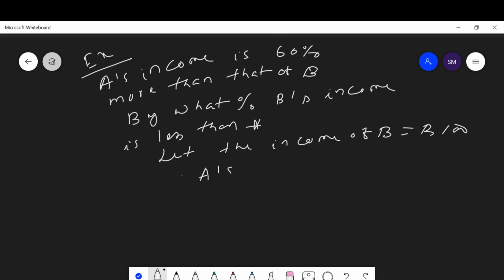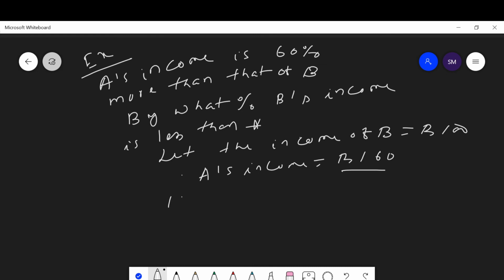This means A's income is equal to rupees 160, because the income of A is 60% more than B. Then this shows that A's income is 160 and B's income is 100. Then we have to find out how much B's income is less than A's.